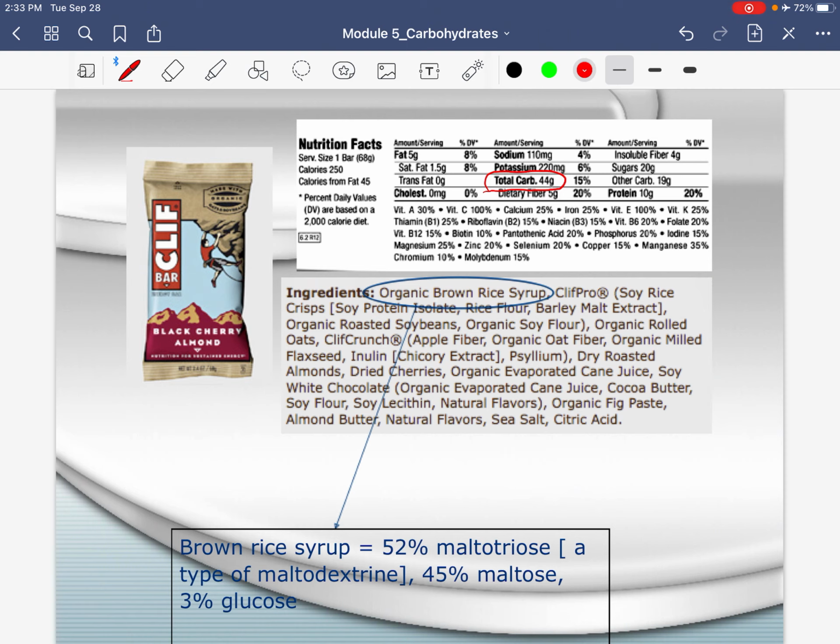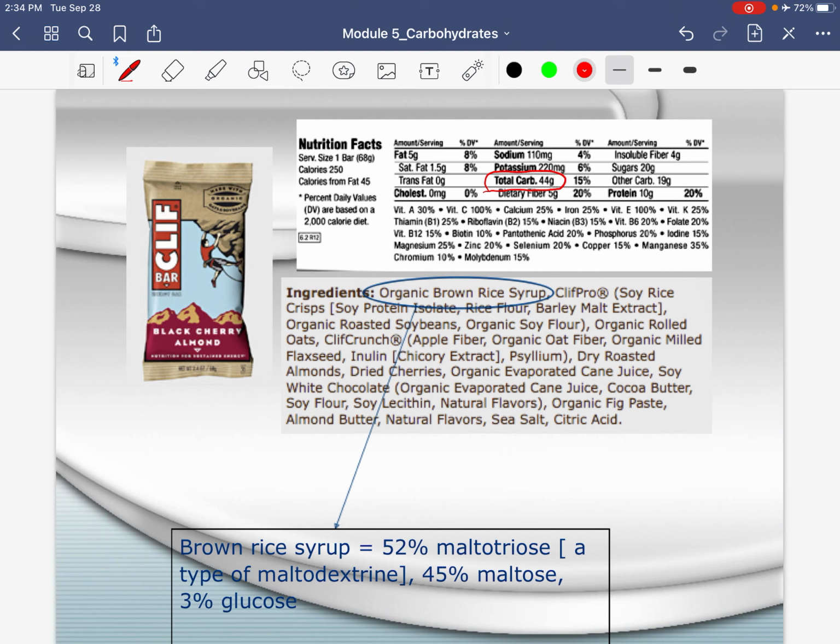Organic brown rice syrup. They kind of throw in organic and you might think, oh, it's healthier. Not really. Organic brown rice syrup is maltodextrose, similar maltodextrose, maltose, and glucose. Sugar, sugar, and sugar. They tend to be simpler sugars. Simple sugars.